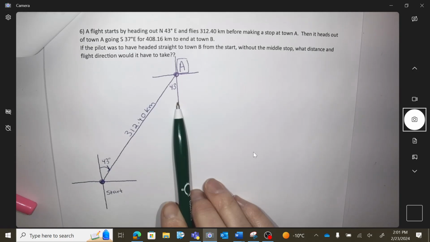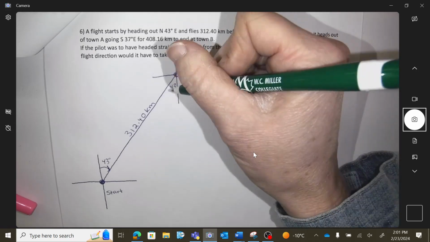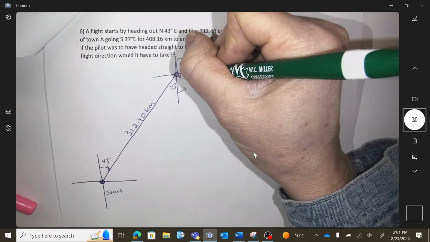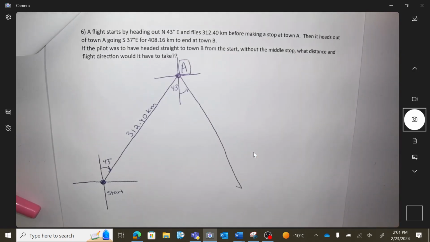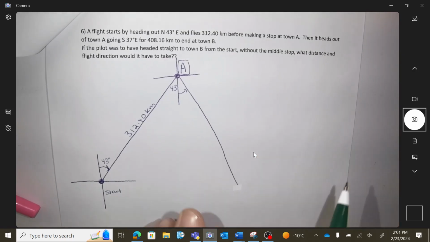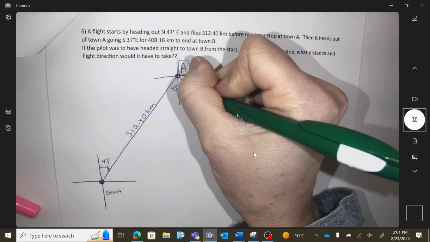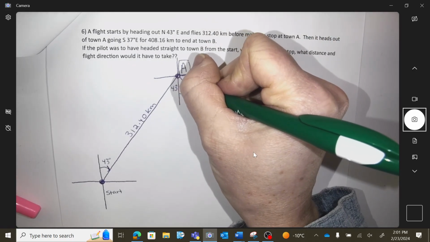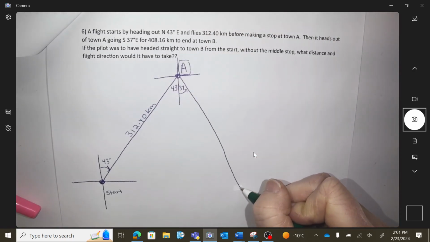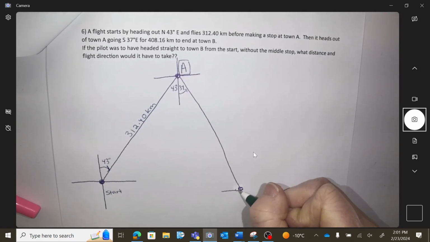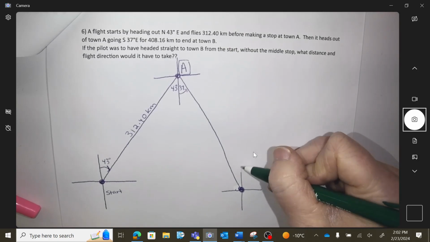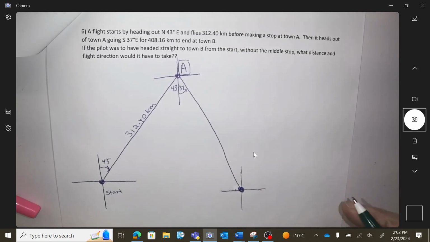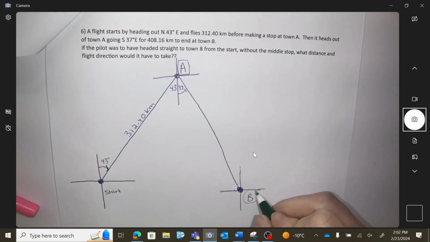South 37 east. And then I get to town B.